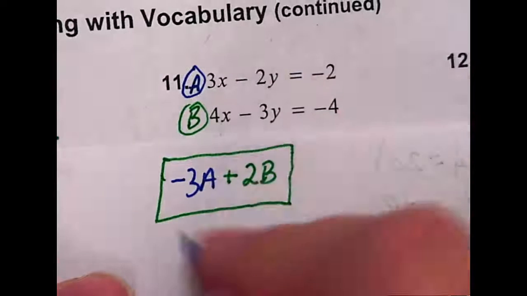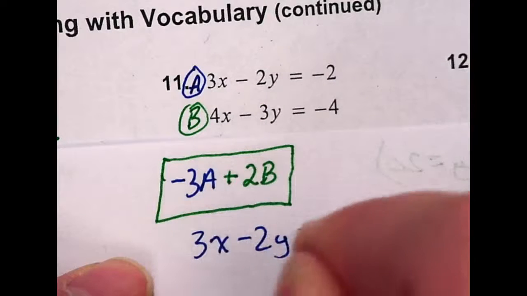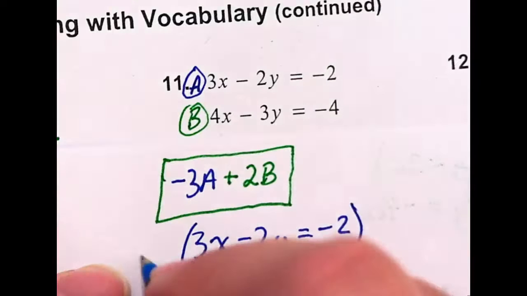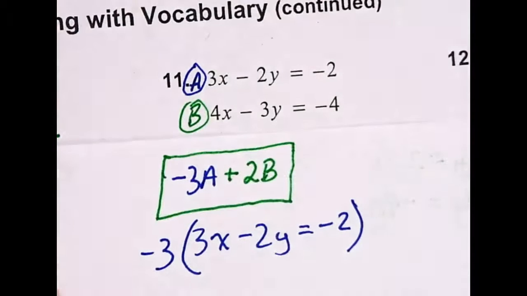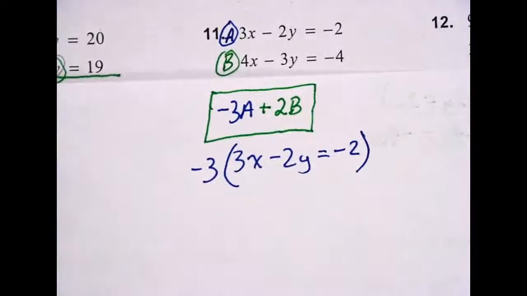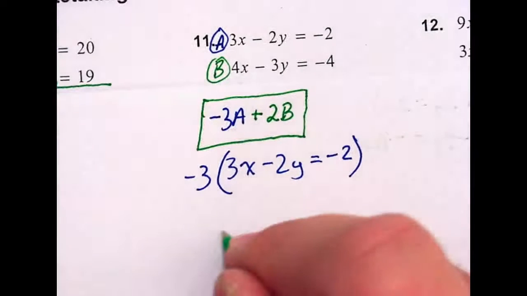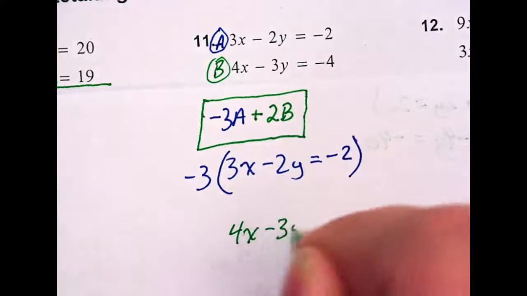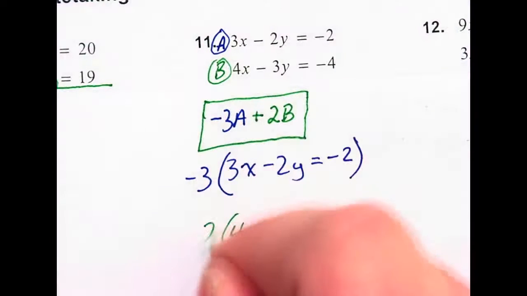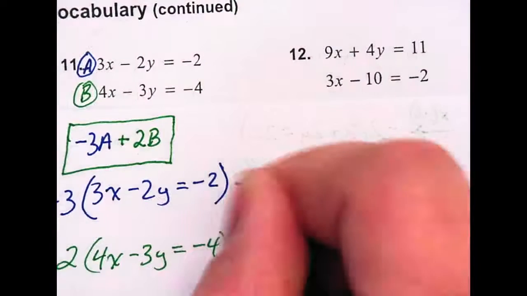So if I'm going equation A, which is 3x minus 2y equals negative 2, and I'm multiplying that by negative 3, and then I'm going equation B, which is 4x minus 3y equals negative 4, and I'm multiplying that by positive 2, then adding those up, that ends up giving me this.